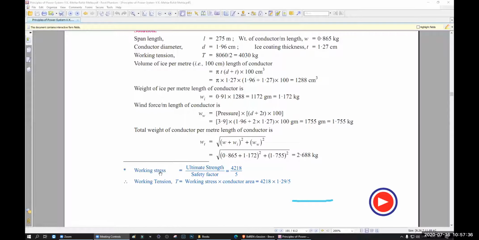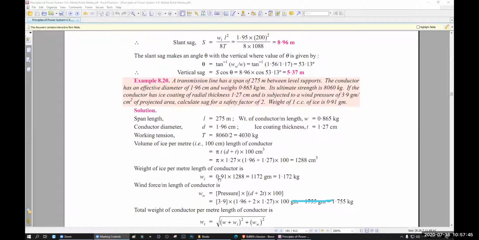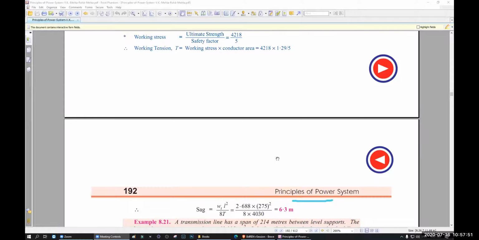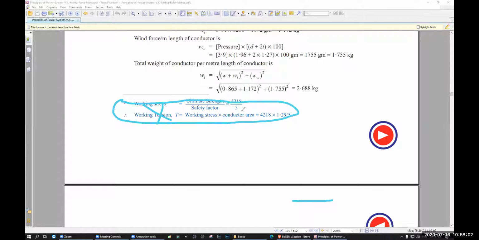Here the working stress, that means the working tension, is equal to ultimate stress divided by safety factor. Okay. What did they say here? They said stress or tension. Okay, do not follow this. This is an example, okay? This is not for this example.